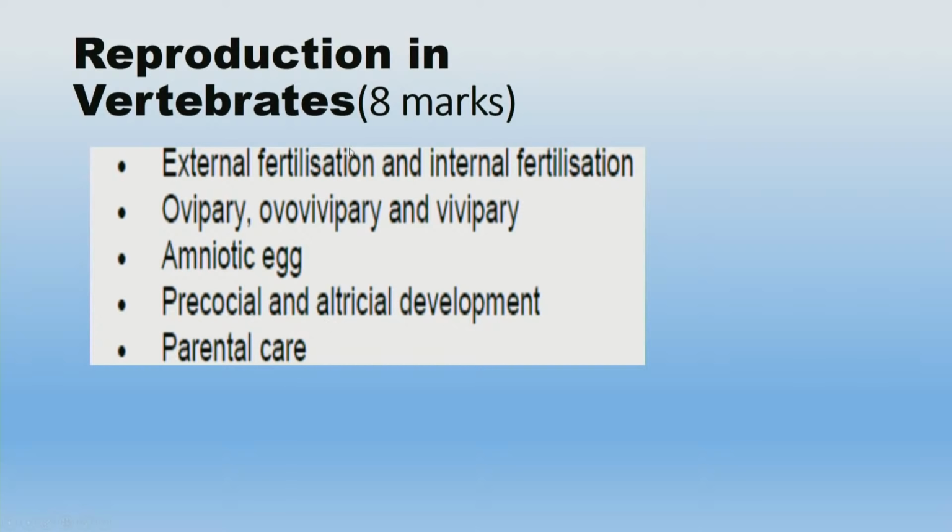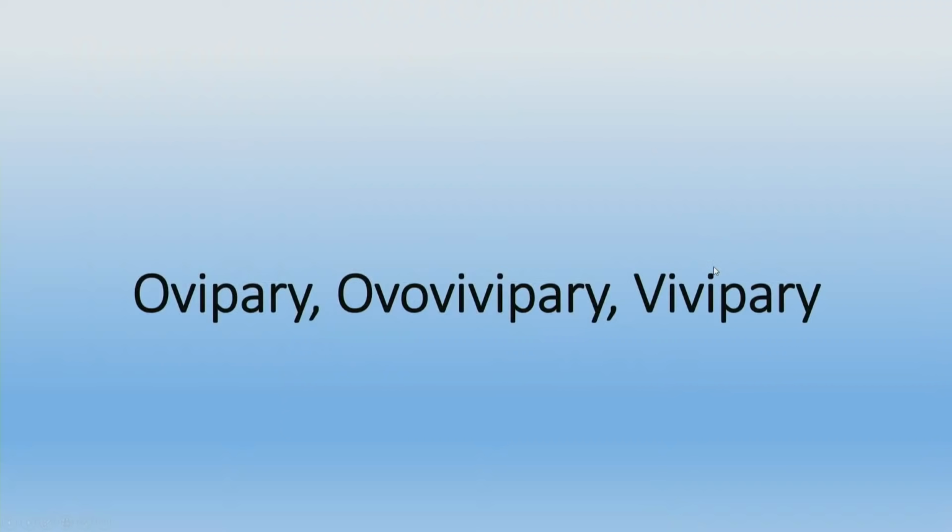I know that you don't have a problem with bullet number 1, number 3, number 4, and number 5, but most of you are struggling with bullet number 2. So let us quickly look at a summary of bullet number 2.